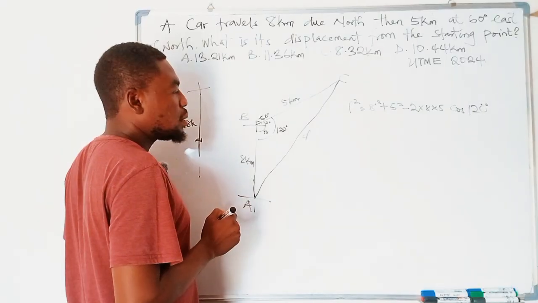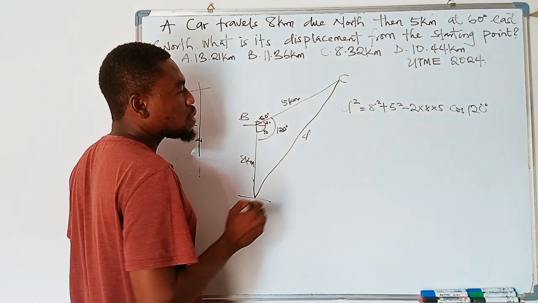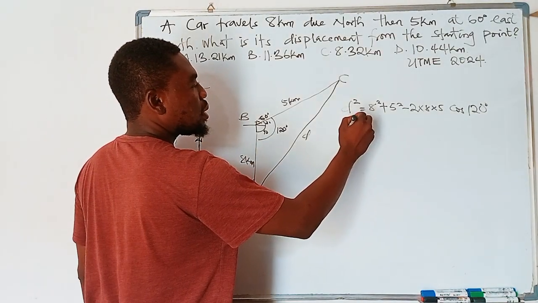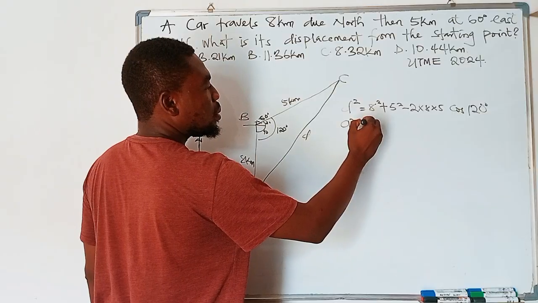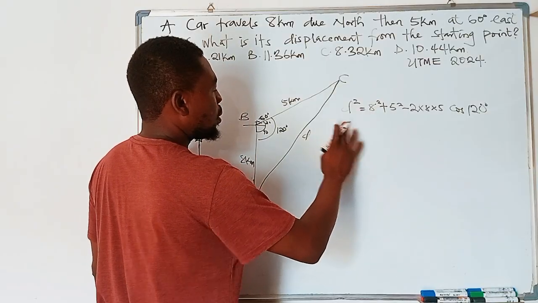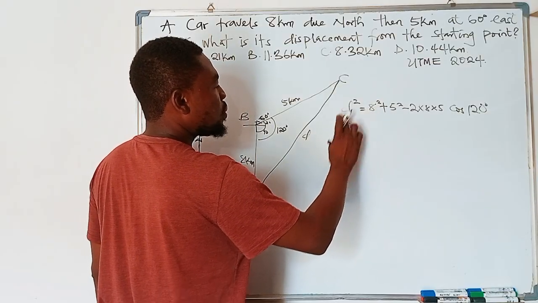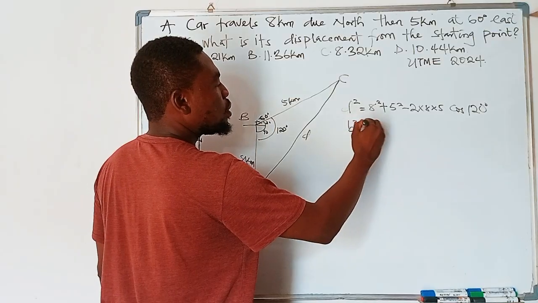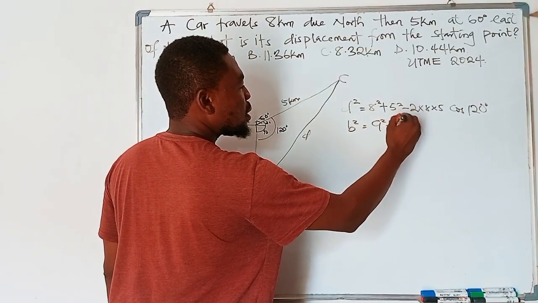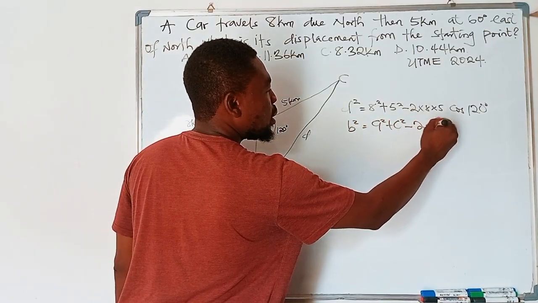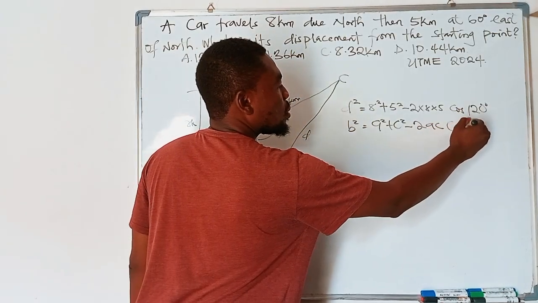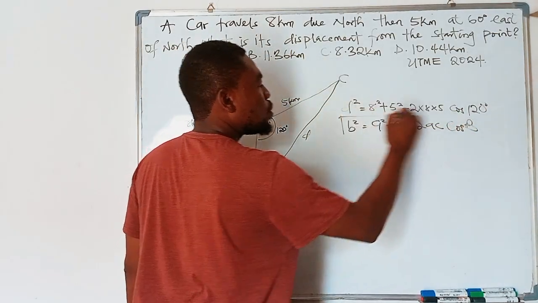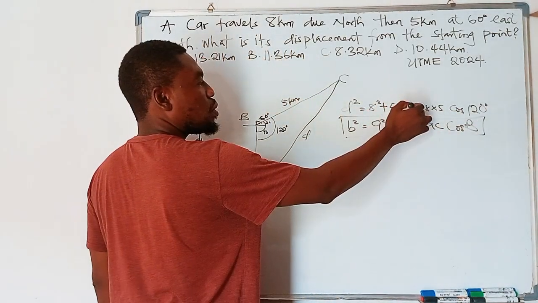Recall our cosine rule, which says, let's use b squared. B squared is equal to a squared plus c squared minus 2ac cos B. This is our cosine rule.